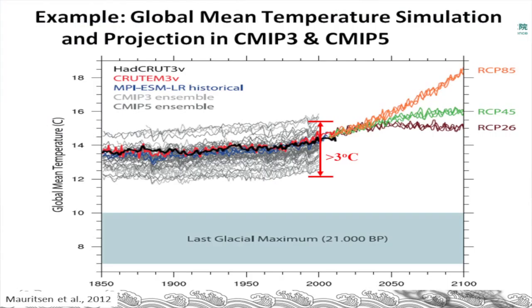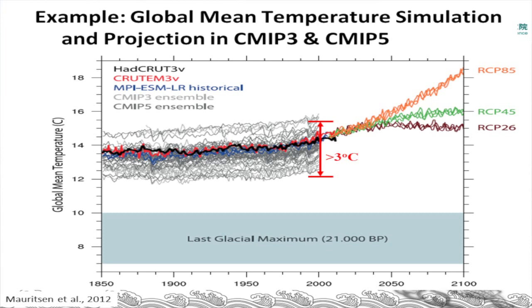And this is another example that the climate modeling community has seen. This part is from Thorsten, more recent. Here you talk about two ensembles. One ensemble is the CMIP3, the lightly shaded one.